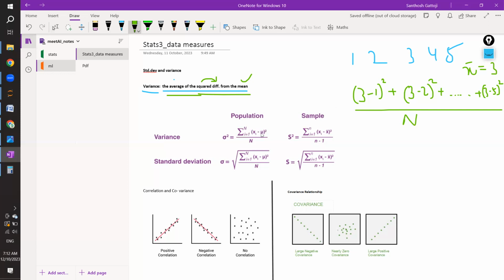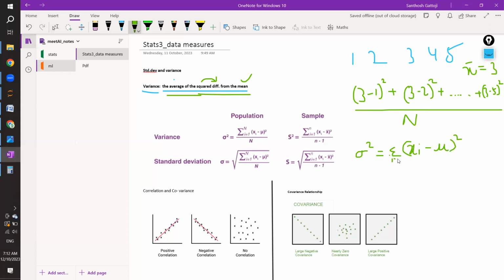Fine. So if you see the formula, the variance is denoted by sigma square. Sigma square equals xi, each number, its difference from the mean, squared, and repeat for each and every number.